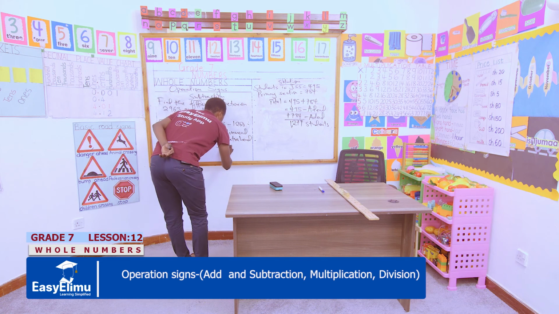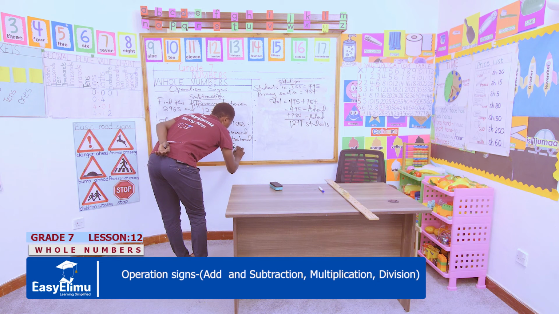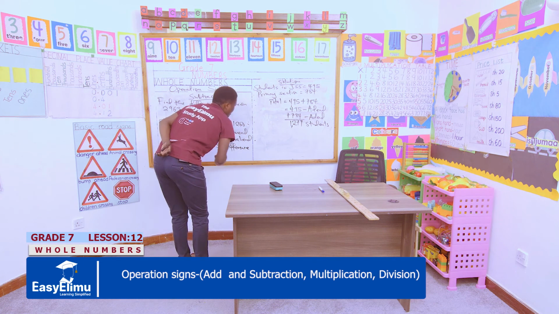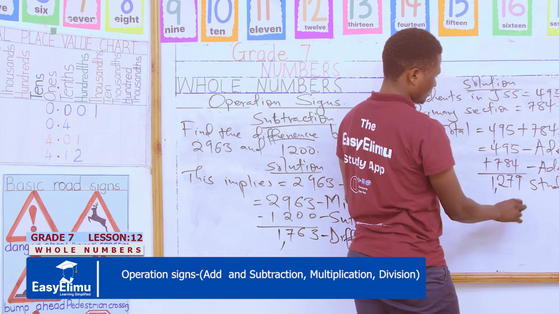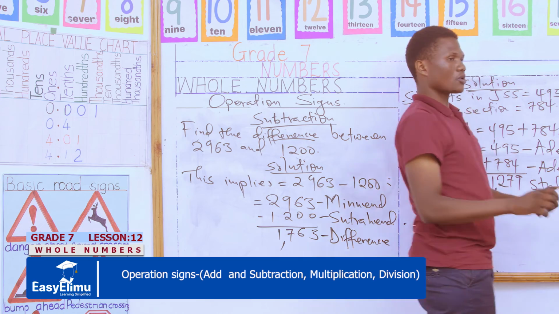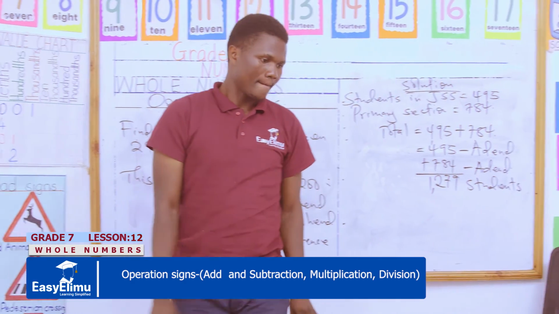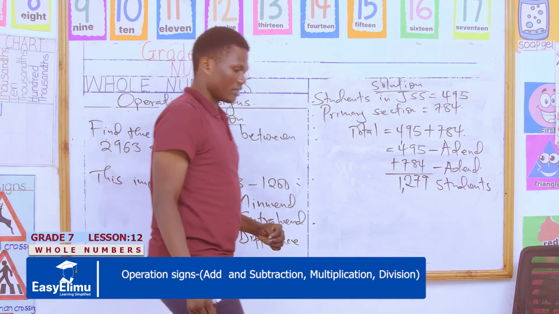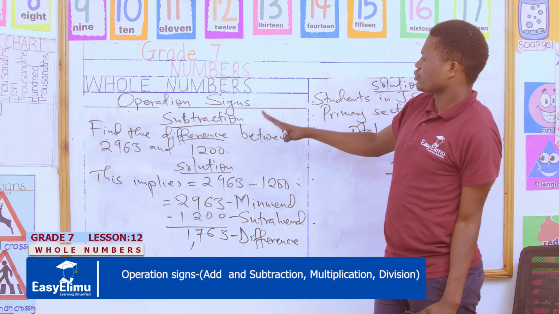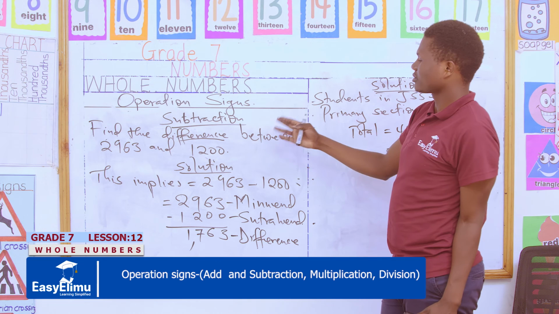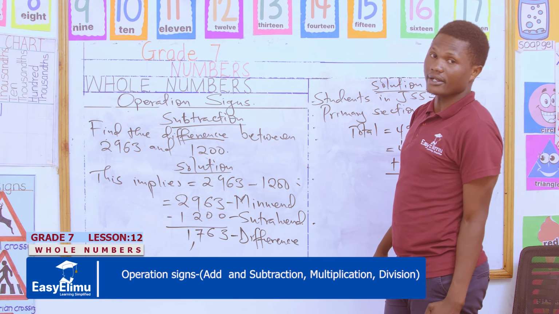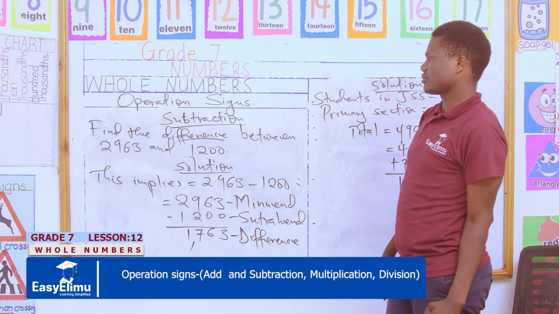This is what we refer to as the difference. And in the earlier example, the number of students is what we refer to as the total or the sum. Are we together? Those are some of the examples that we can use to show how subtraction and addition can be communicated in exam situations.